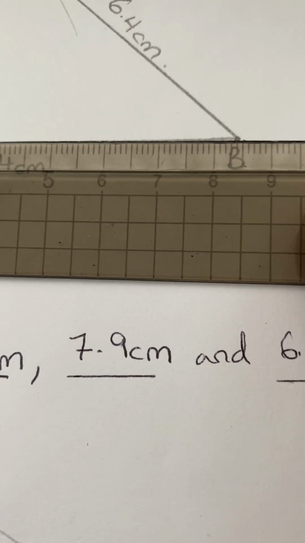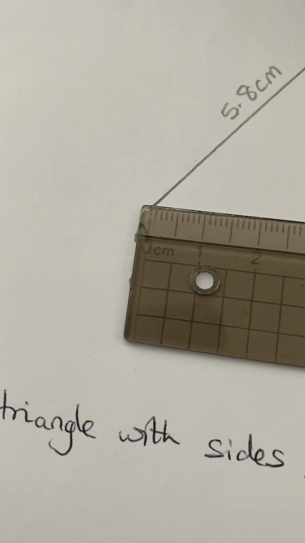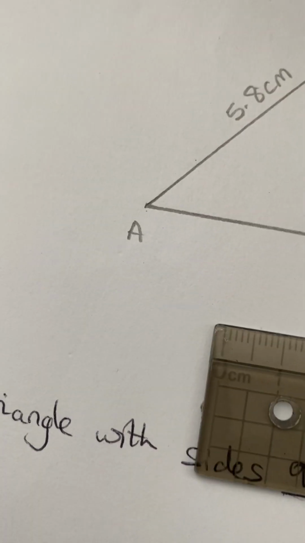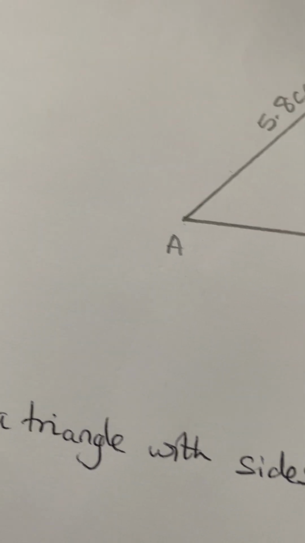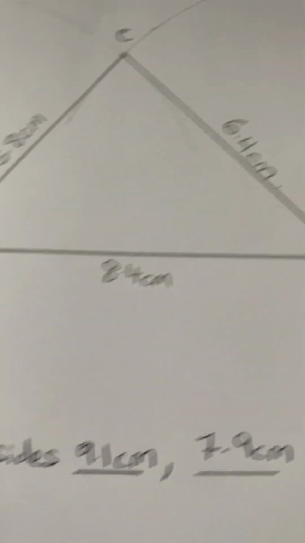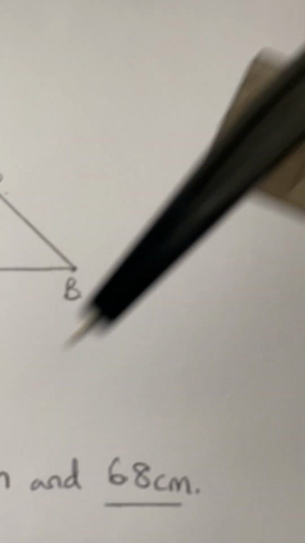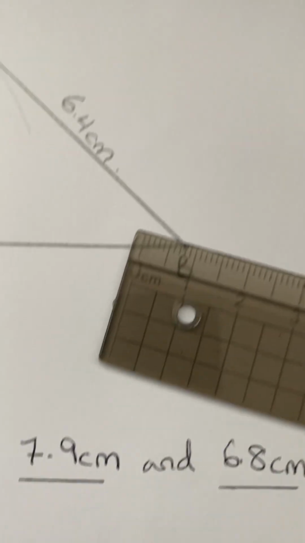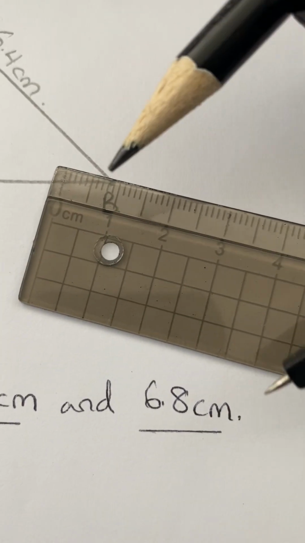So exactly 8.4 from 0. Then with my compass, go on the ruler and measure 5.8 centimeters.